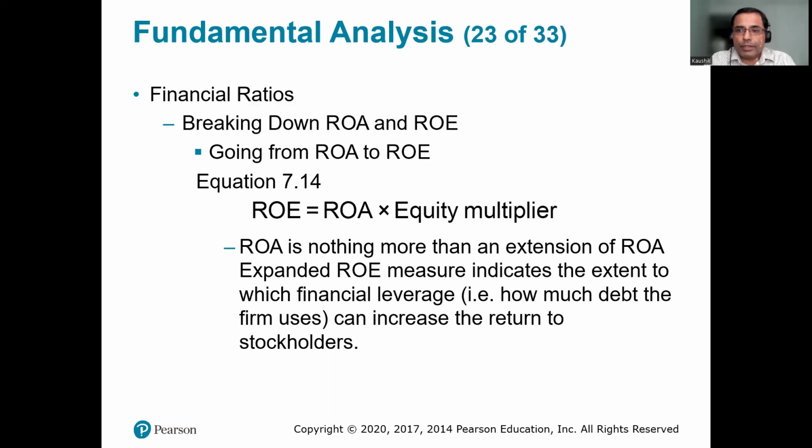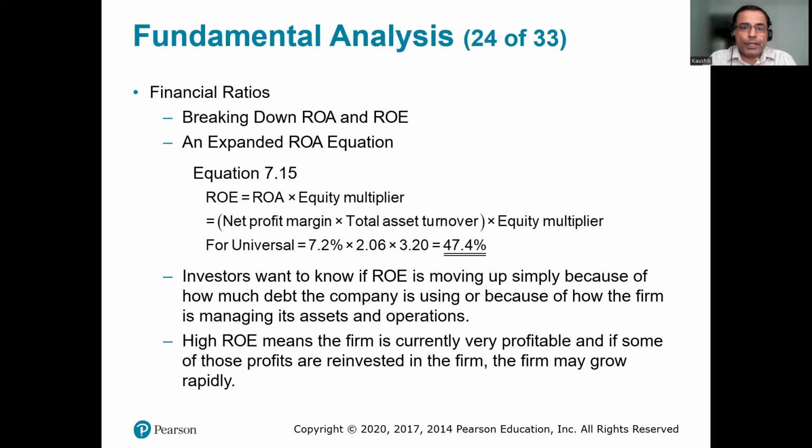Similarly, return on equity is expressed as the product of return on assets and equity multiplier. So now we have three subcomponents of return on equity: net profit margin and total asset turnover from return on assets, and equity multiplier is the third component. Now we can figure out what is contributing more to returns generated for shareholders.